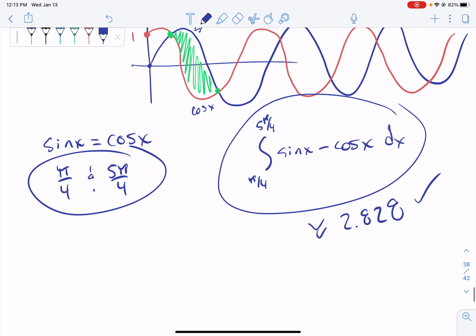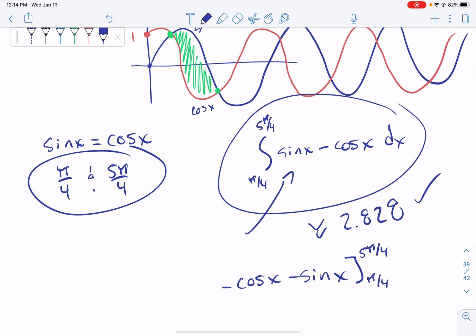If this was a free response question without a calculator, okay, so let's say I can't use the calculator, I have to actually do the integral. So when I do the integral of sine of x, I get negative cosine x. And when I do the integral of negative cosine x, I get negative sine of x. But then I'm evaluating from pi fourths up to 5 pi fourths. Okay.